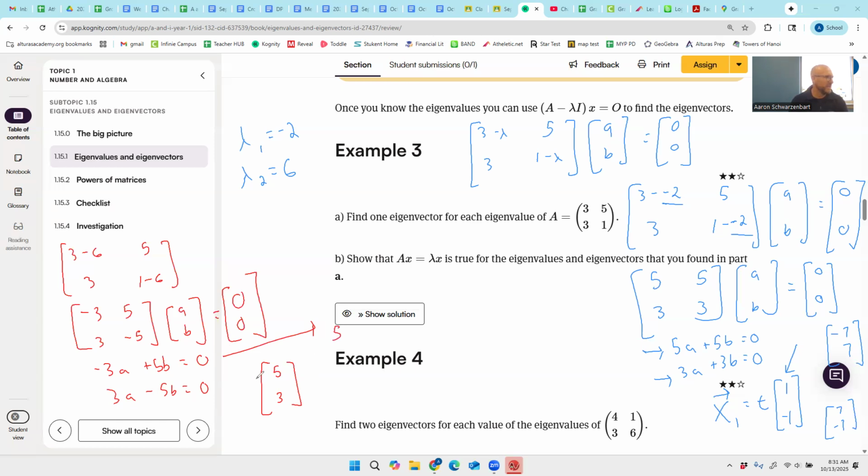You can solve either one of those equations because you need A and B. So 3 times 5, negative 3 times 5 plus 5 times 3 is 0. So you just added some stuff until it seems right.